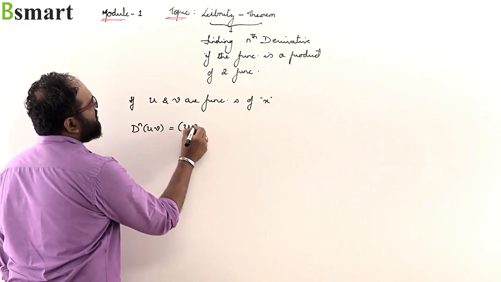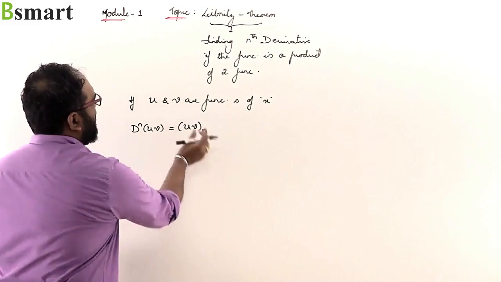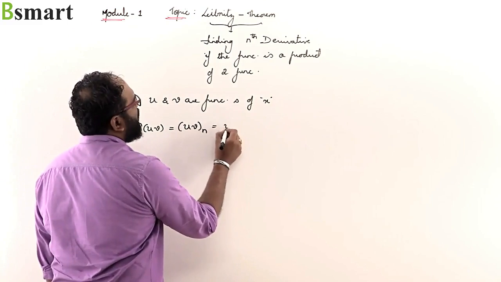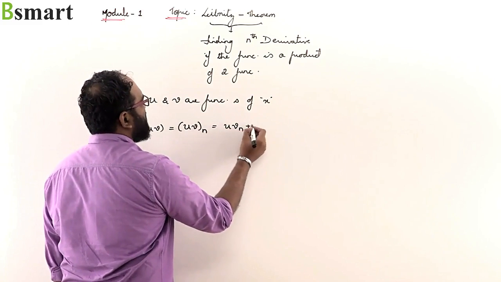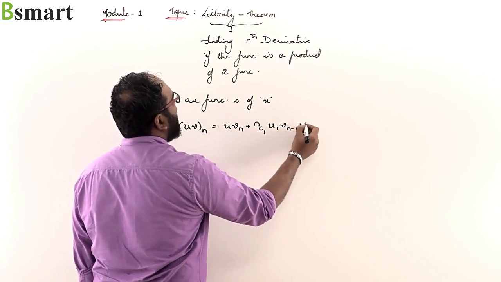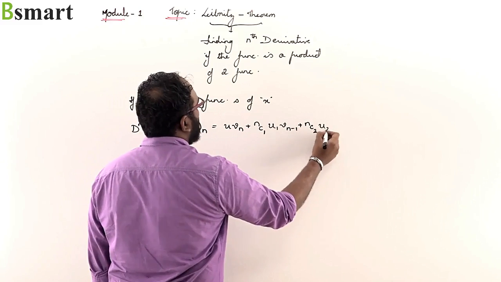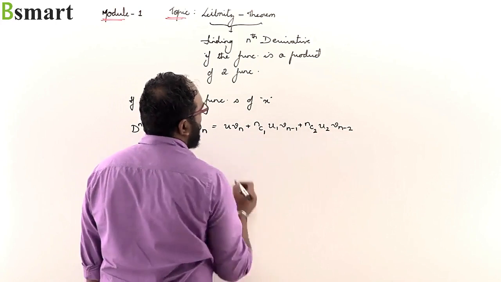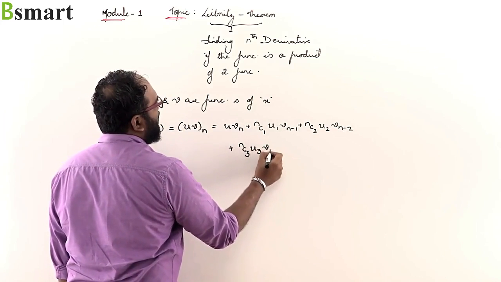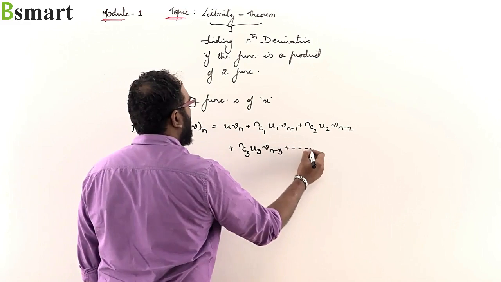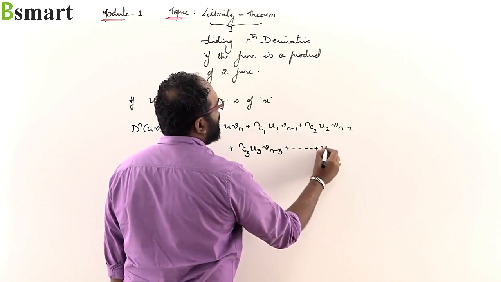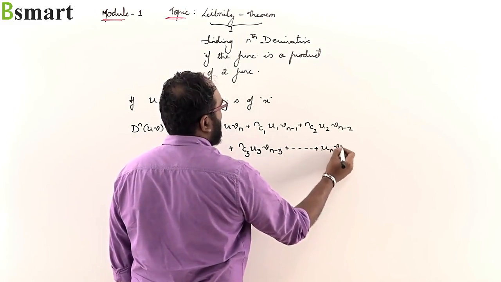If u and v are functions of x, then the nth derivative of uv, which can also be written as (uv)n, where the subscript denotes the derivative, is equal to u vn plus nC1 u1 vn-1 plus nC2 u2 vn-2 plus nC3 u3 vn-3 plus so on, plus nCn, whose value is 1, into un v.